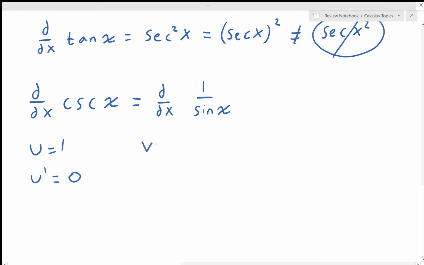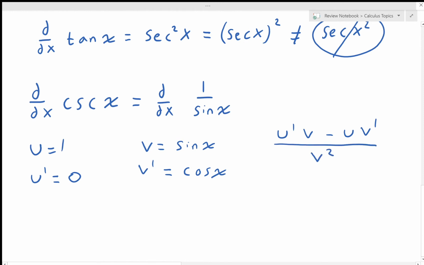We know that v, the denominator, is sine of x, and that the derivative of sine of x we just learned would be cosine x. Just writing down the quotient rule so we can follow it: u prime v minus u v prime over v squared.